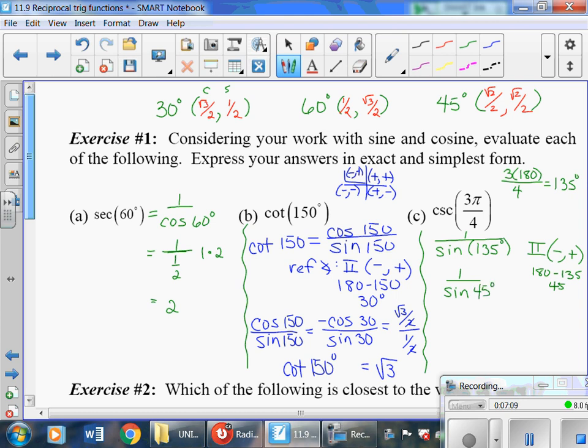So 1 over the sine of 45 degrees, which is 1 over radical 2 over 2, which is equal to 2 divided by radical 2, which we can rationalize by multiplying the top and bottom by radical 2 over radical 2, and you get 2 radical 2 over 2. These cancel. You're left with radical 2.